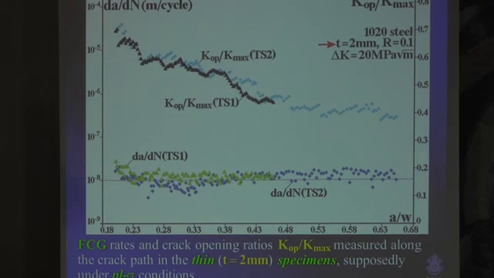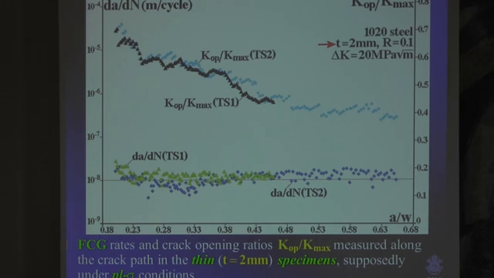We grew the crack under fixed delta K conditions, using the very same procedure proposed in the ASTM E647 standard, with delta K defined in the traditional way, using the maximum load and the minimum load.